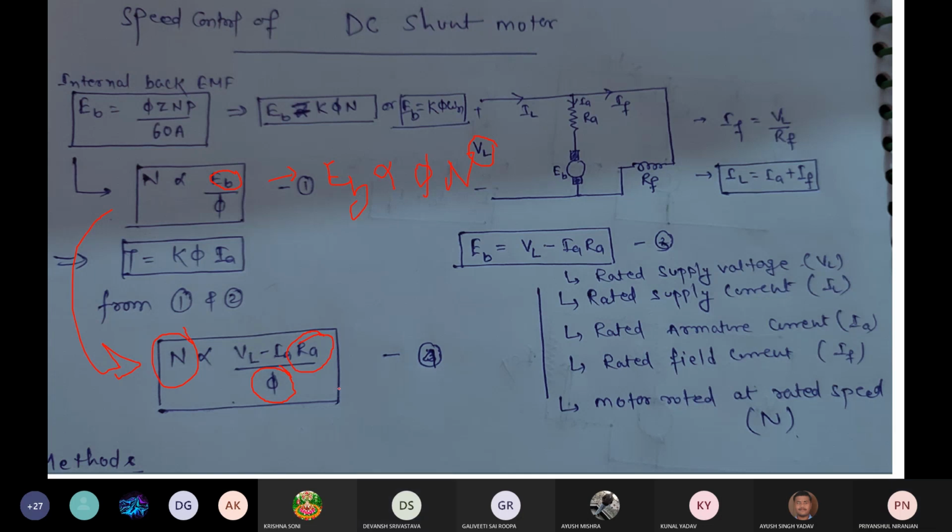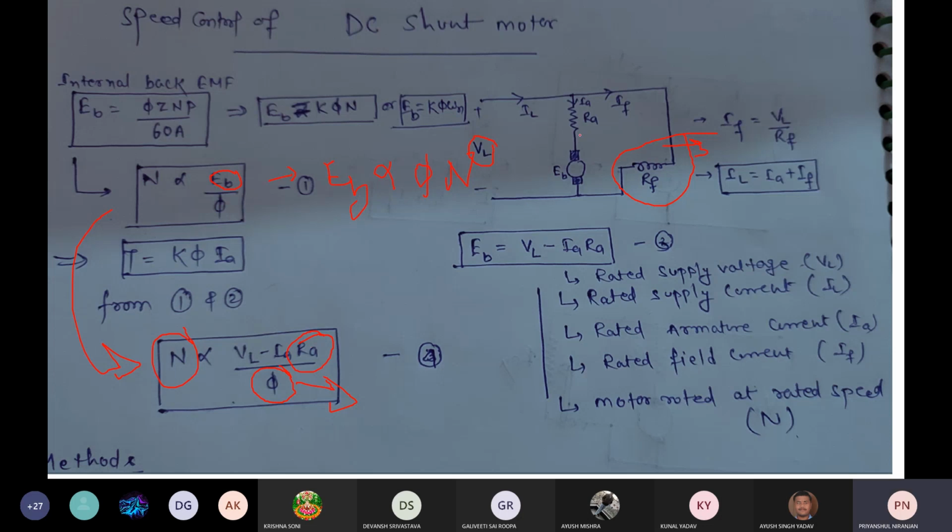Yes sir. So this is the part: by using the field control we disturb the field winding flux. Flux is the part of field winding. So when we disturb the field winding, we disturb the flux and control the speed.